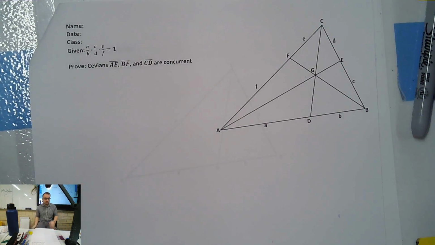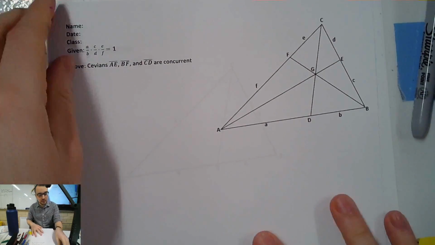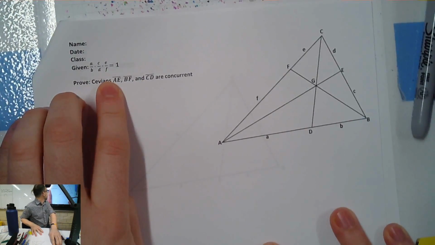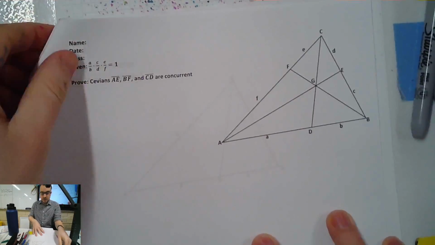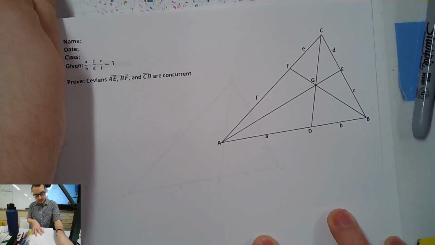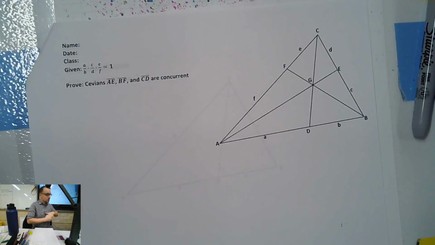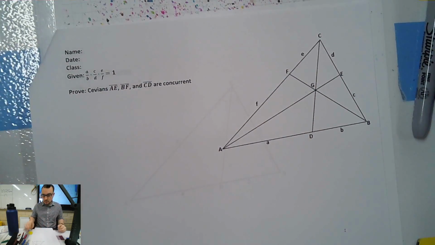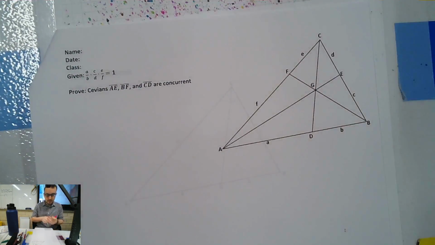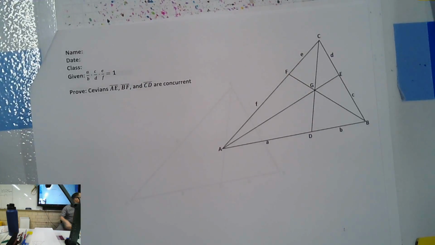All right. So we're proving the opposite. We're given this to start with, and then we're going to prove that these are concurrent. Cool. All right. Hold on one second.